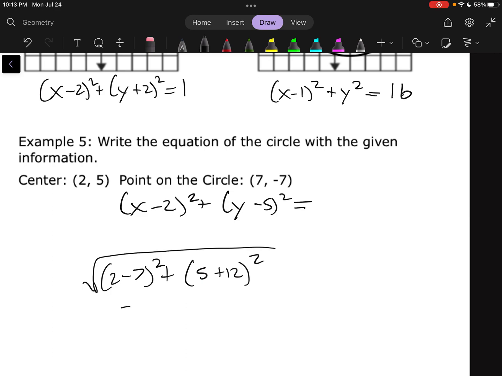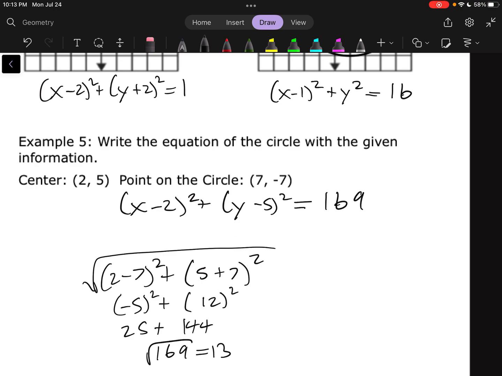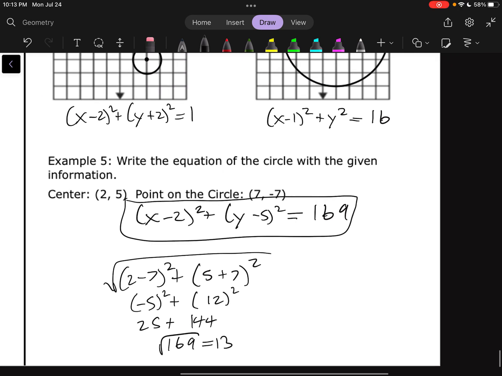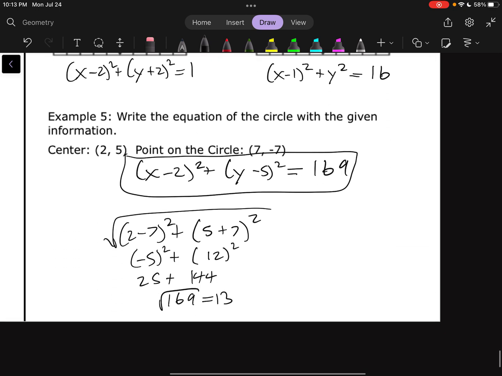So we're going to get negative 5 squared plus 12 squared, because 5 plus 7 is 12. So that's 25 plus 144. That's 169. The square root of 169 is 13. But we turn it back into 169 over here. So x minus 2 squared plus y minus 5 squared equals 169. Hopefully that went well for y'all, and that's going to wrap this video up.